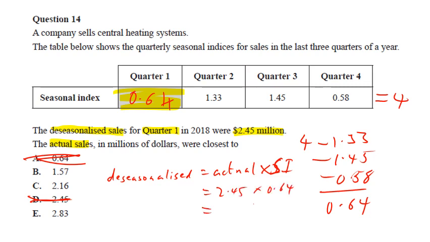If you do that, you'll get 1.57, and the answer is B. I think they've been quite nice, because if you accidentally do division, you'd end up with 3.83, but they put 2.83, so I think they've been quite nice in not putting 3.83 there for the people who accidentally divide. But there you go. The answer was B.